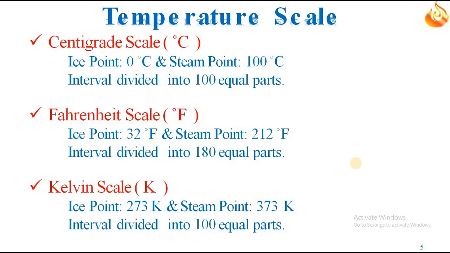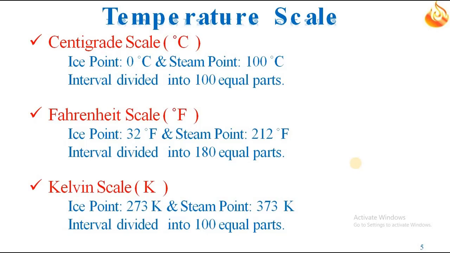Then again they started adding heat to that water, as a result of which the temperature of the water started rising, and at a certain point they found that the water was converted into steam. At that point where the water is converted into steam, they marked it as the boiling point.